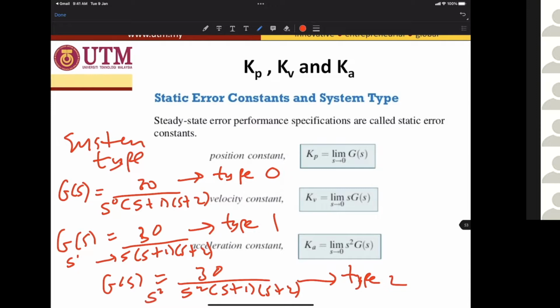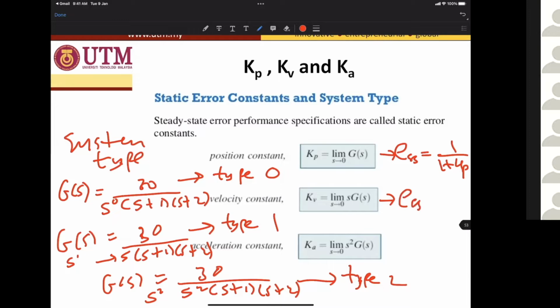Jadi kalau dia type 0, always refer to KP. Untuk dapatkan KP is equal to limit S to 0 GS, and the steady state error is ESS 1 over 1 plus KP. So kena kira KP dulu, baru masuk KP dalam ESS, baru dapat nilai. Kalau dia sistem type 1, kira KV dulu, limit S to 0, SGS.